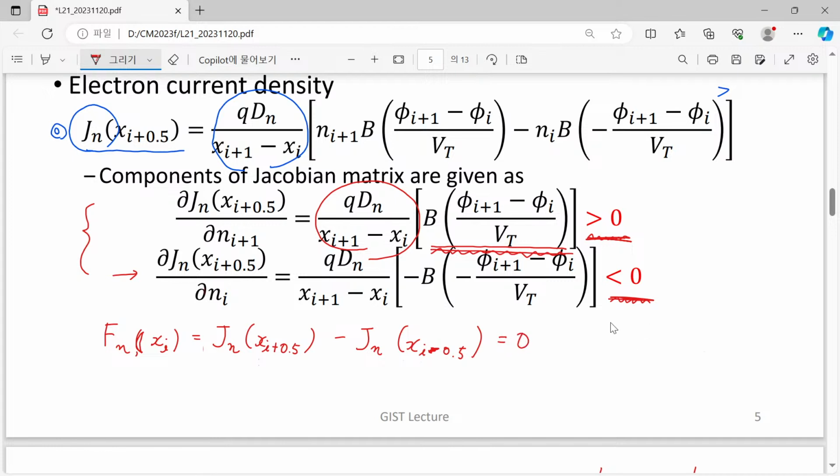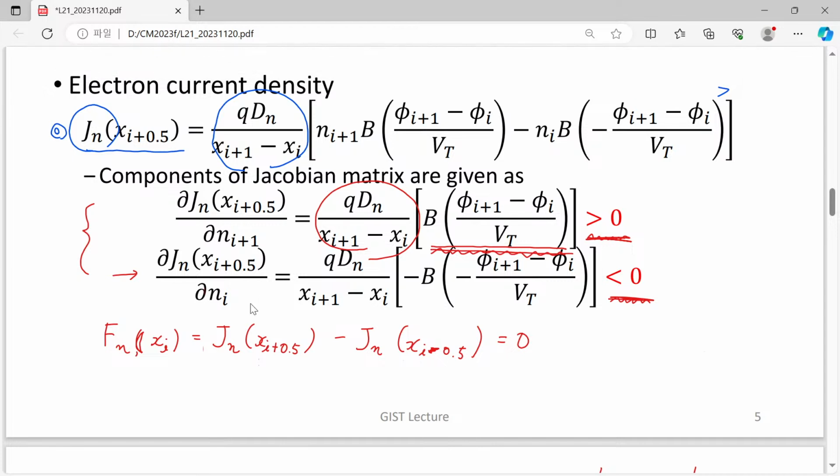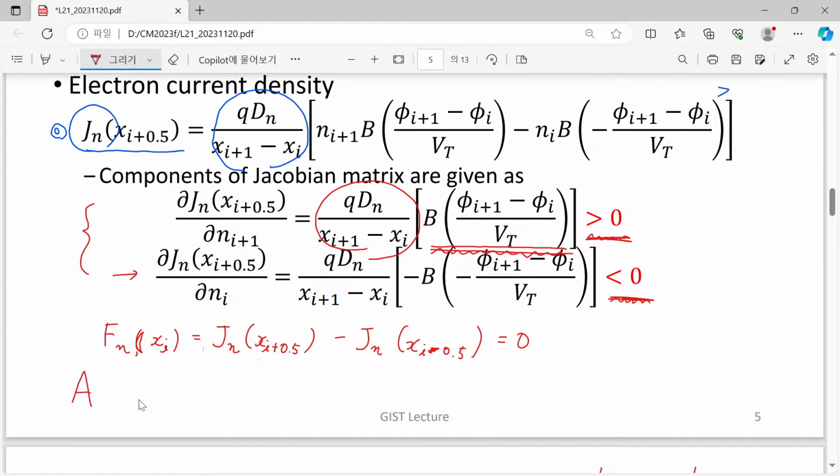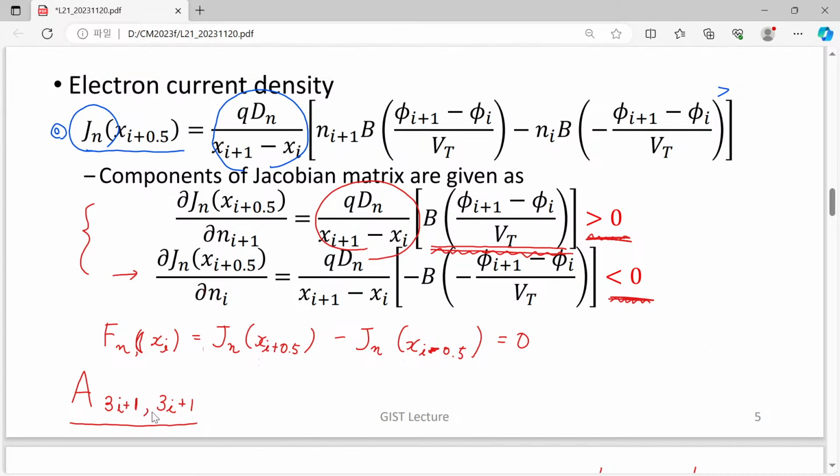This is the form of your electron continuity equation. So if you wanted to calculate a certain component of your Jacobian matrix, for example, let me give you a certain number, 3 times, to be quite concrete. So please try to read the physical meaning of this component.